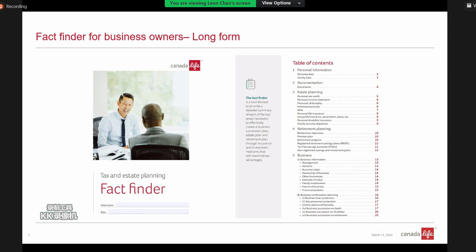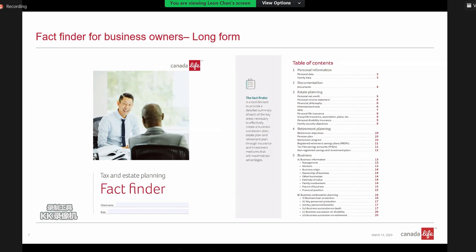And from my end of things, I would say that it's very, very comprehensive, and it really does aim to gather pretty much as much of the information from that client as possible. So you have things such as the personal information. They even provide you on page 4 with a list of documents, which normally people would have, or advisors as well as us would like to obtain for our purposes of looking at this case.